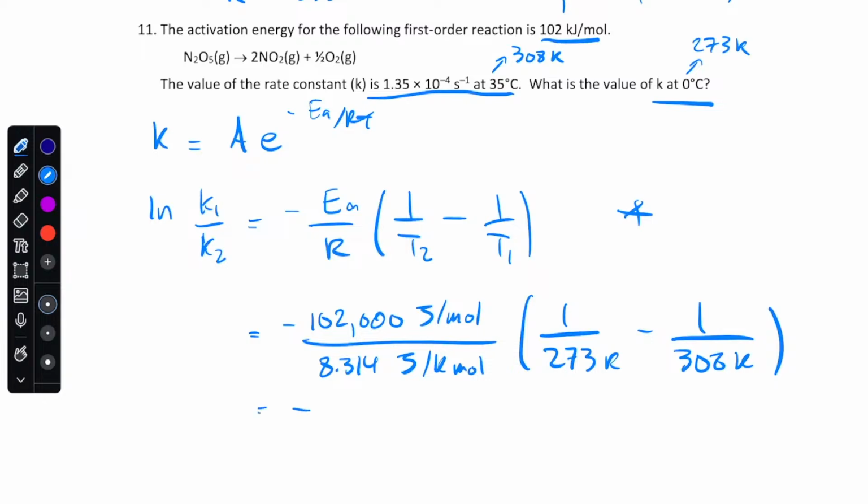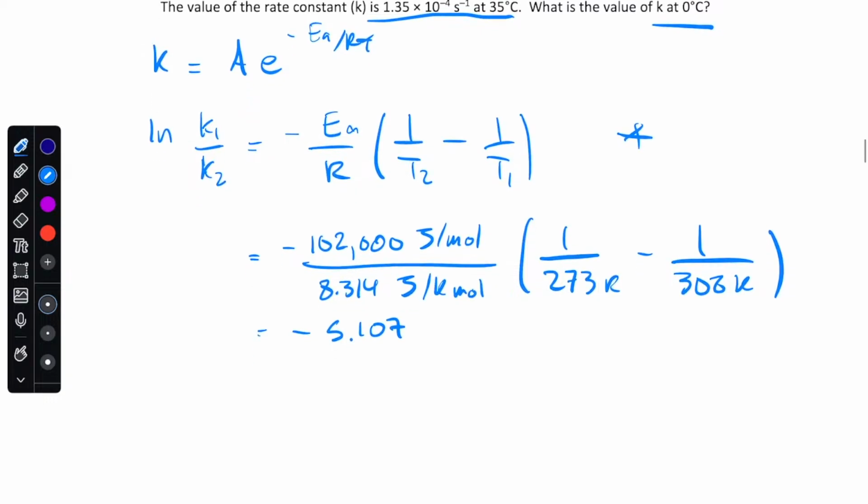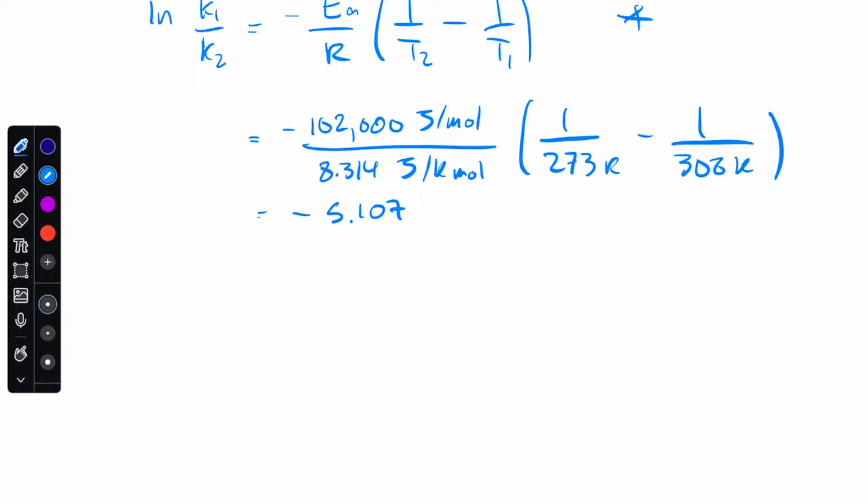And that equals negative 5.107. We can get rid of the ln on the left by raising each side of the equation to the power of e. So e to the ln K1 over K2 equals e to the minus 5.107 equals just K1 over K2 equals 0.00605.